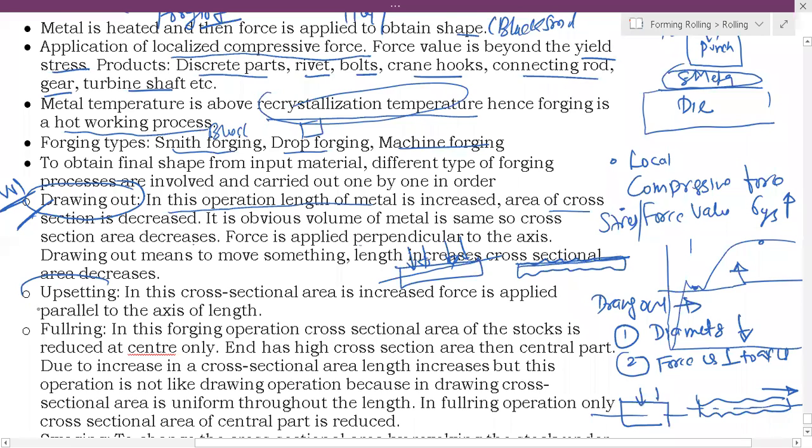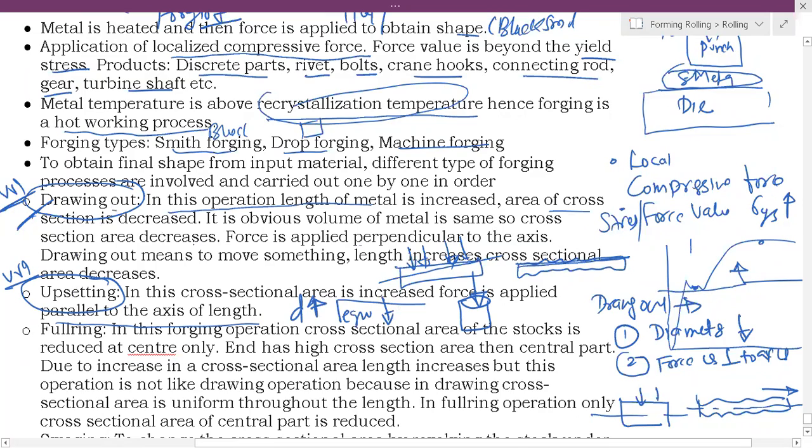This one is called upsetting. This is also asked. In upsetting, the cross-sectional area is increased and force is applied parallel to the axis of length, means you apply force along the length. So the cross-sectional area and diameter increase and length decreases.